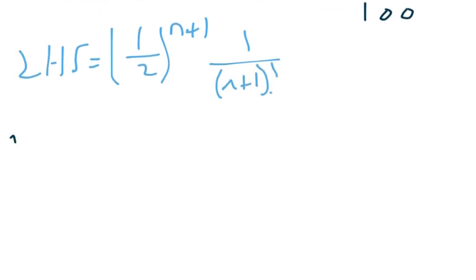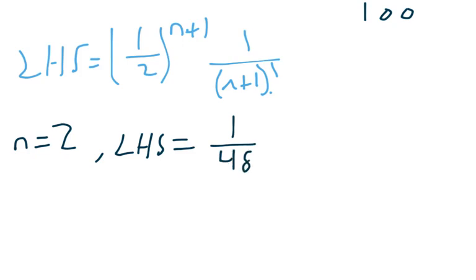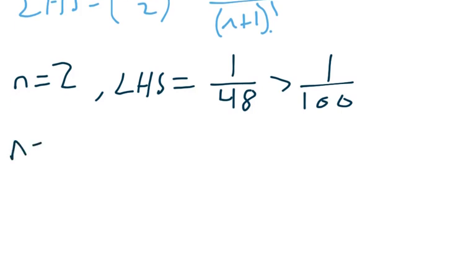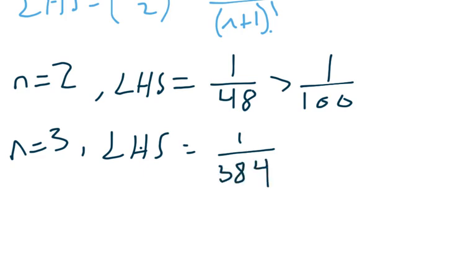Okay, so when n equals, and we're starting at n, let's just see, when n equals 2, left-hand side, we just plug this in, and we get 1 over 48. Well, this is greater than 1 over 100, so can't use that. We want something smaller, right? N equals 3. Left-hand side is equal to 1 over 384. Oh, okay, so this is less than 1 over 100.